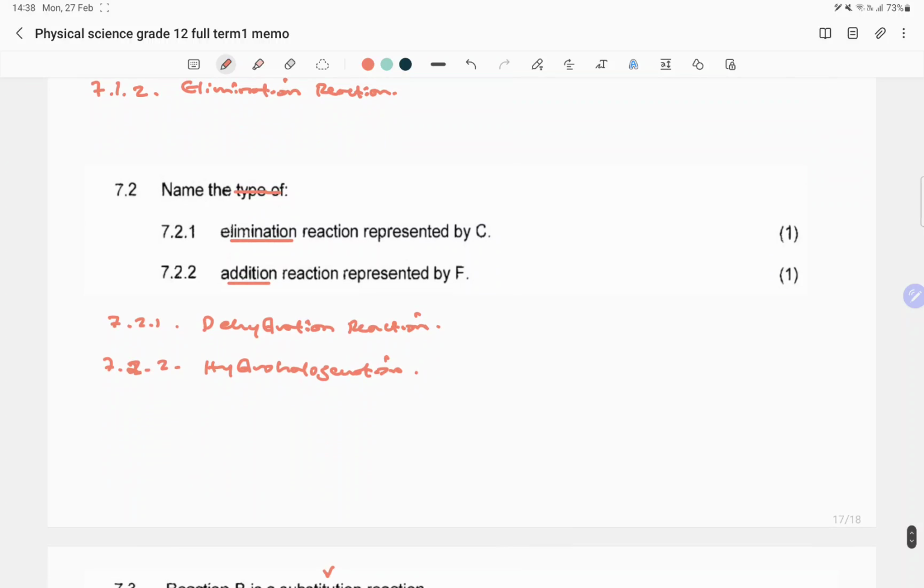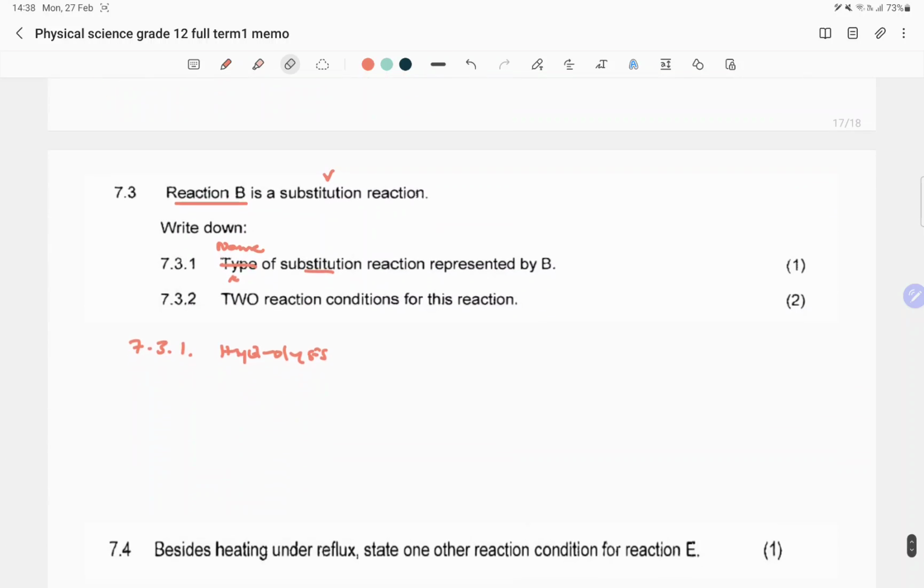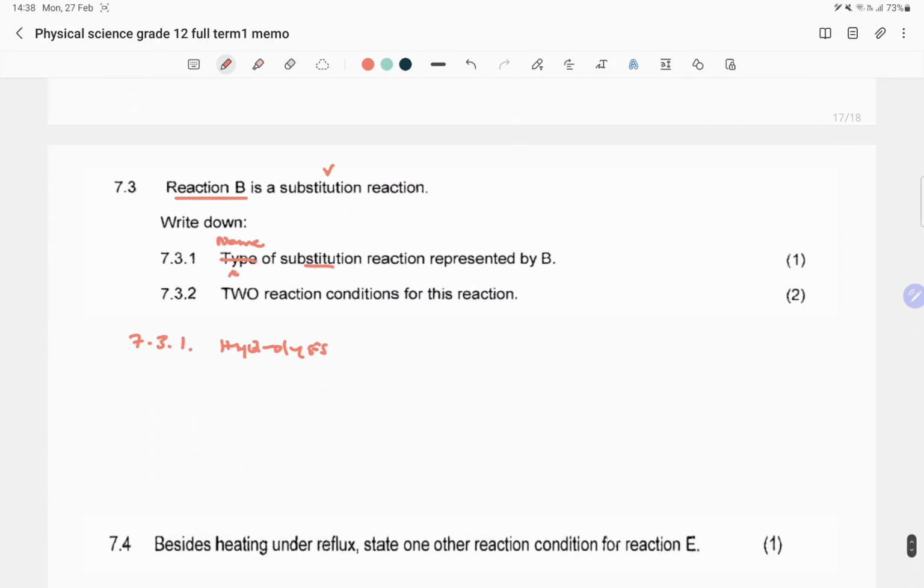So do you see some of your brainstorming there is helping you to move quicker? And then again, me and my losing focus. 7.3.2.